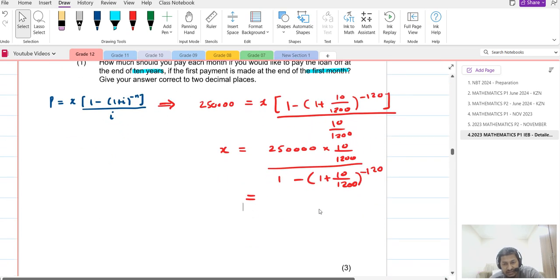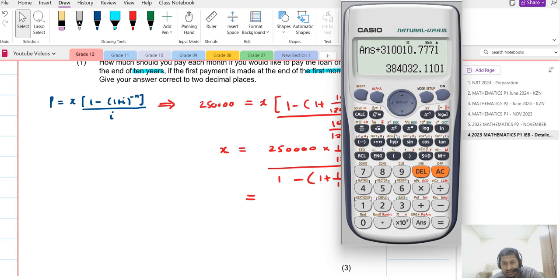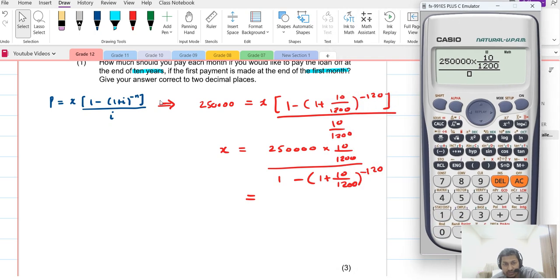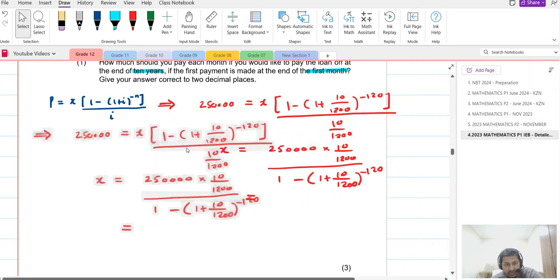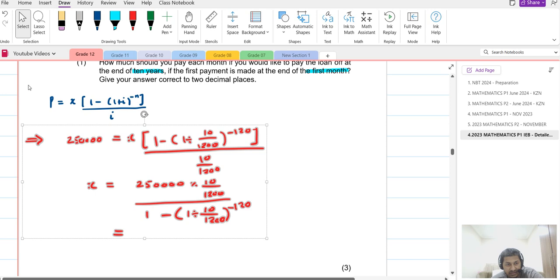Alright, so the answer for X: we take 250,000 times 10 over 1200. Let's take all this down here and make the formula bigger.